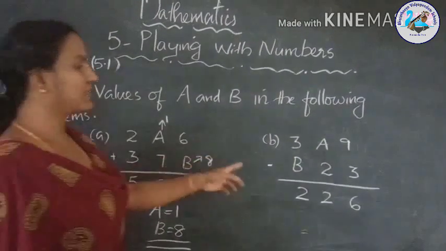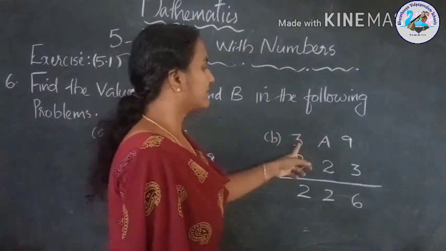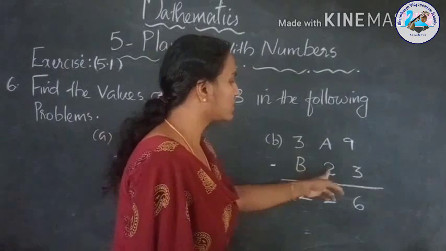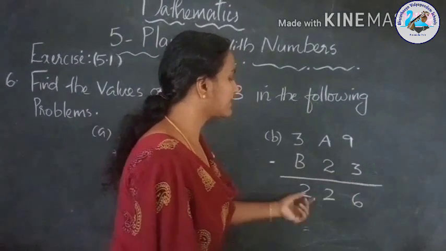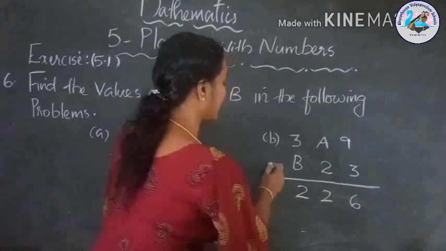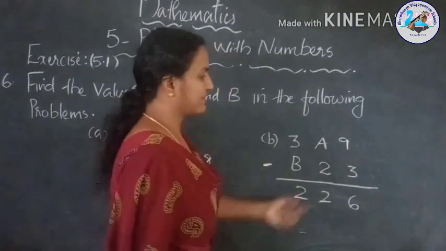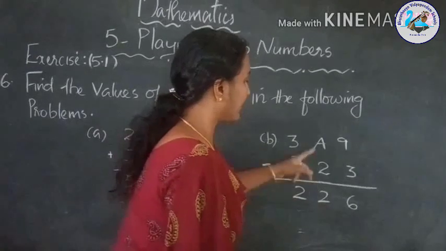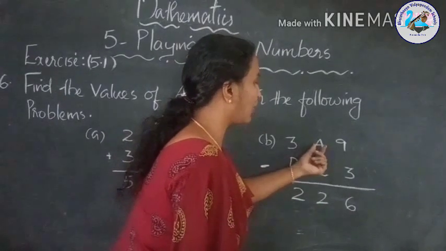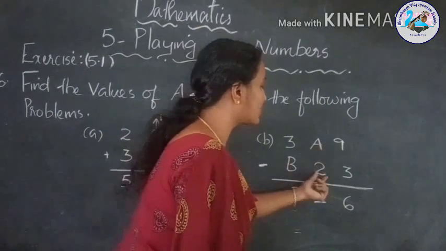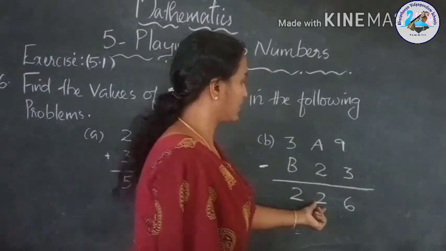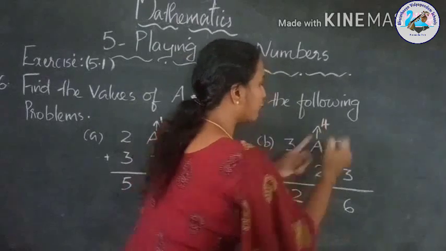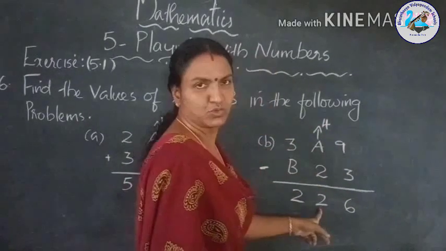The next option B, 3A9 minus B23. The answer is 226. You have to find out the difference. 9 minus 3 is 6. Then A, we don't know the value of A. A minus 2 is 2, so the value of A is 4. 4 minus 2 is 2.